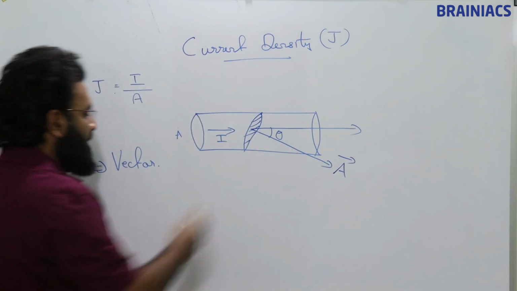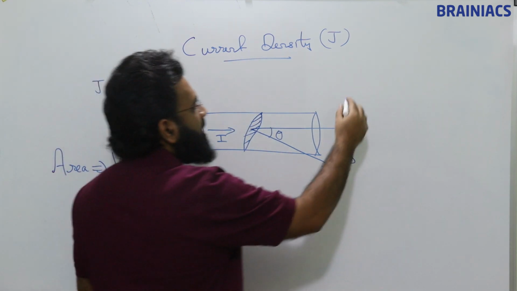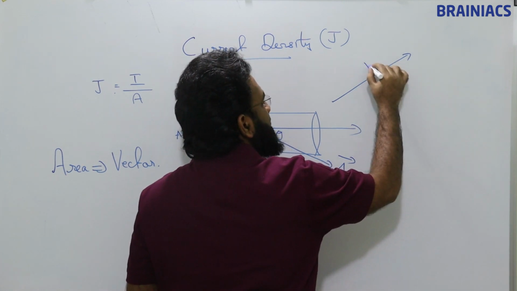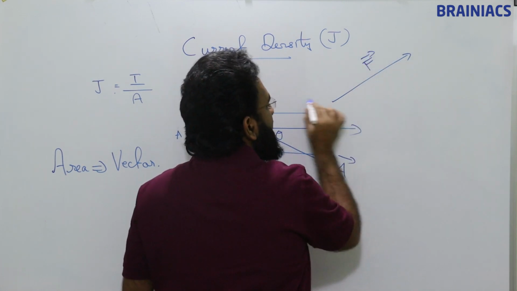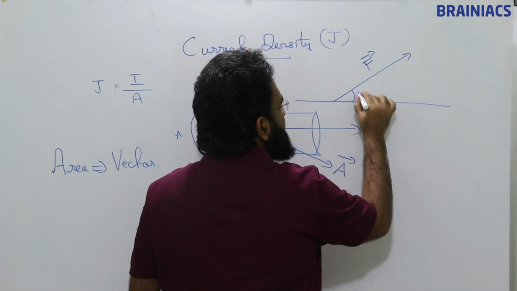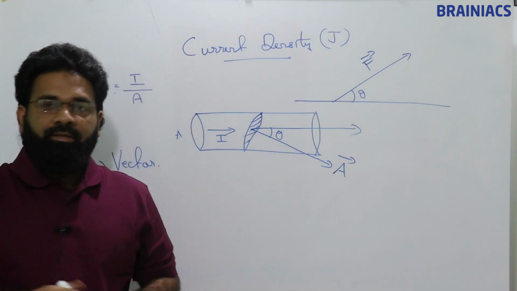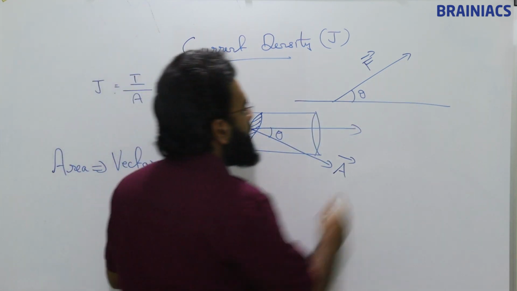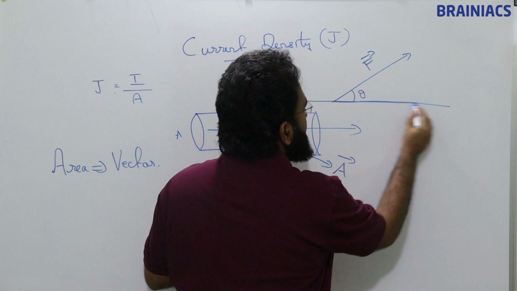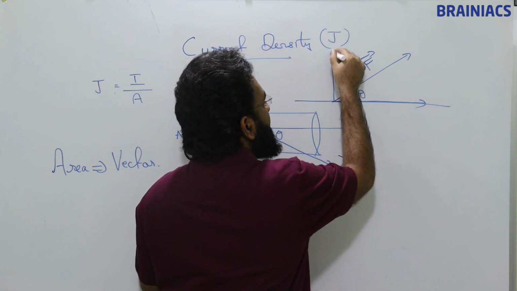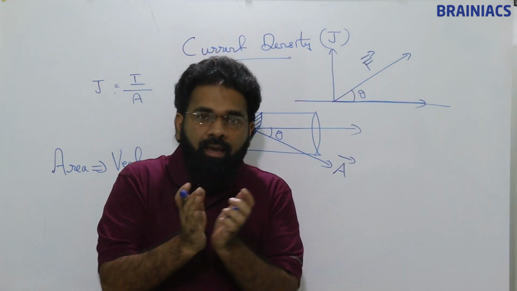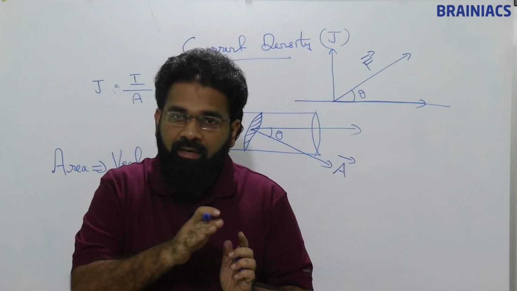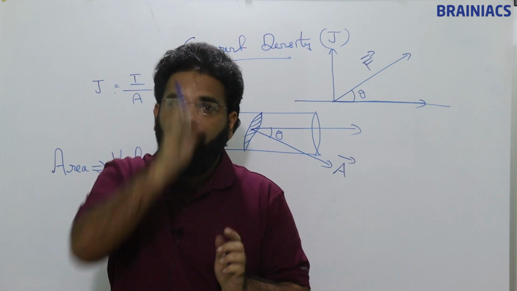So in vector algebra we have studied, if this is a vector f, and this vector f is at theta degree with respect to horizontal, then how can I resolve this vector? I can resolve this vector into horizontal and vertical direction. I can find the effect of the vector in horizontal direction and vertical direction.